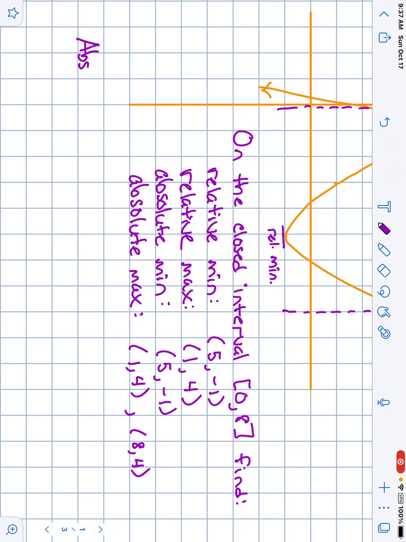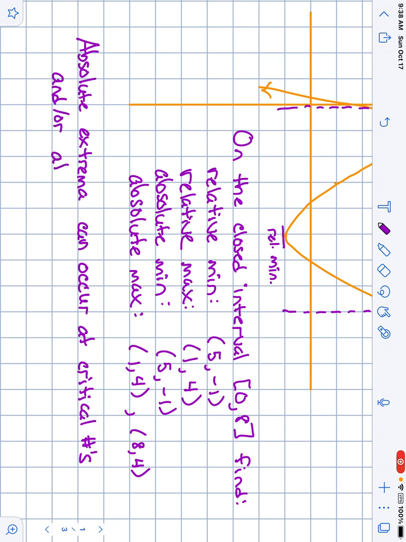Absolute extrema can occur at critical numbers and/or at endpoints on a closed interval.